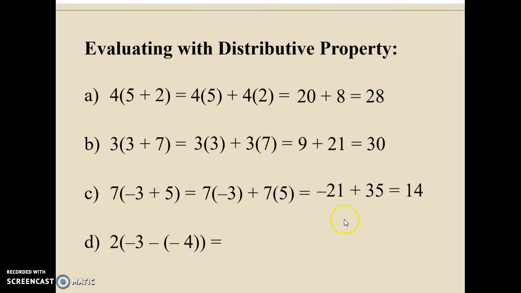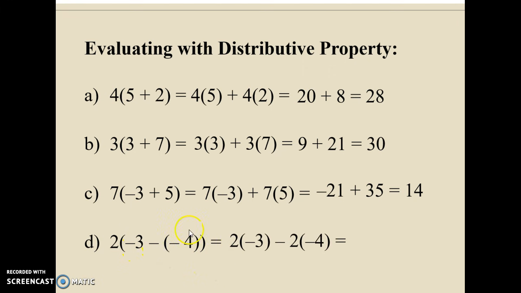Here is the last example of these types of problems. Notice here, we have in parentheses negative 3 minus negative 4. First of all, we can rewrite this as negative 3 plus positive 4. But let's deal with it as subtraction. So we multiply 2 times negative 3 first.